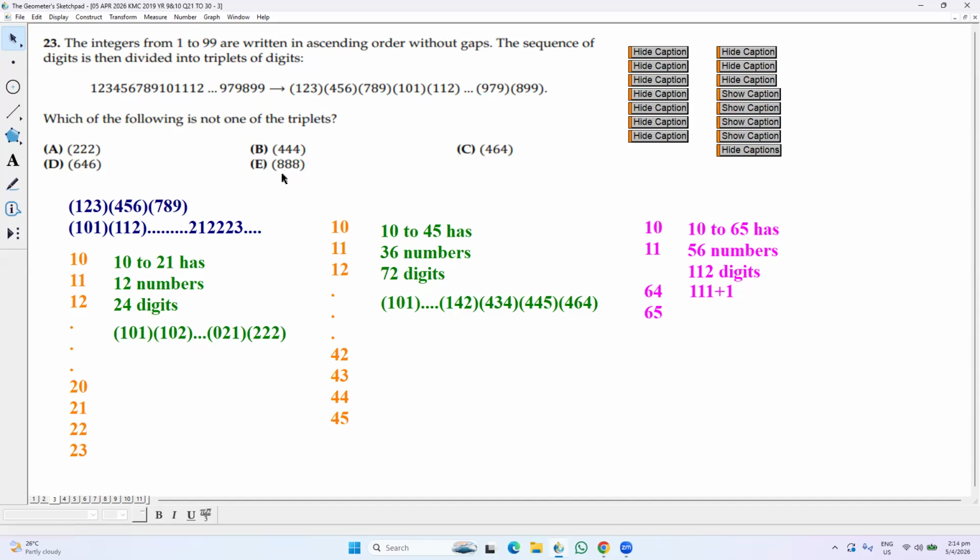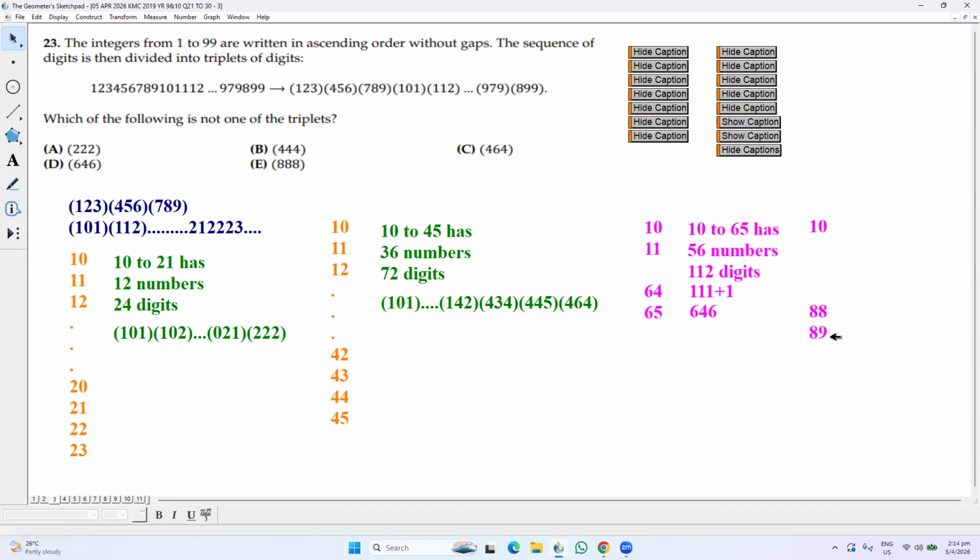And 888. So you know, after doing it at first, not so easy to think, now we are familiar already. Want to go to 888, you must go 88 and 89. So 10 to 89 to see whether 888 is a triplet.